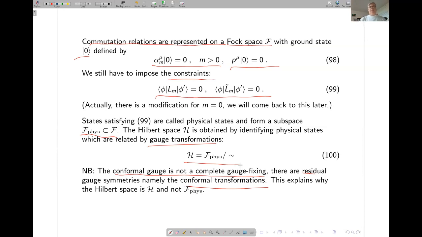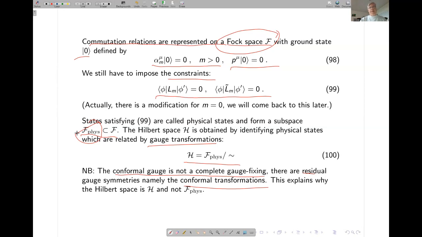This, if it works, should also get rid of the problem that on the original Fock space F, we cannot have a positive definite scalar product, because by Lorentz invariance, all the commutation relations involve this indefinite metric eta mu nu. And the way this works out is that by imposing the constraints, we will get a subspace of physical states, F phys, where the negative norm states have been eliminated, but F phys will still contain states which have zero norm, so-called null states.